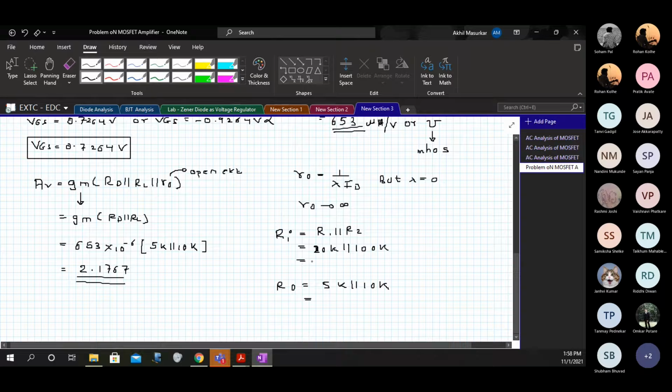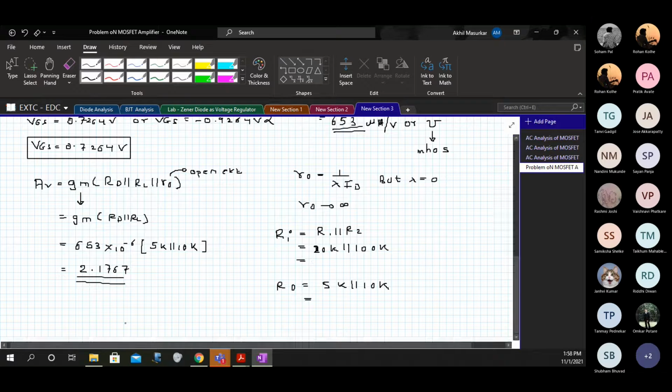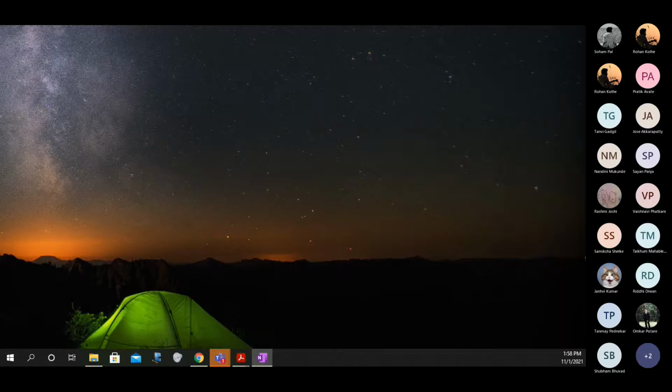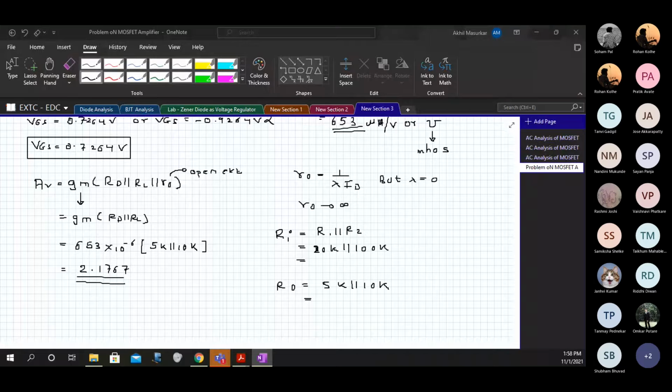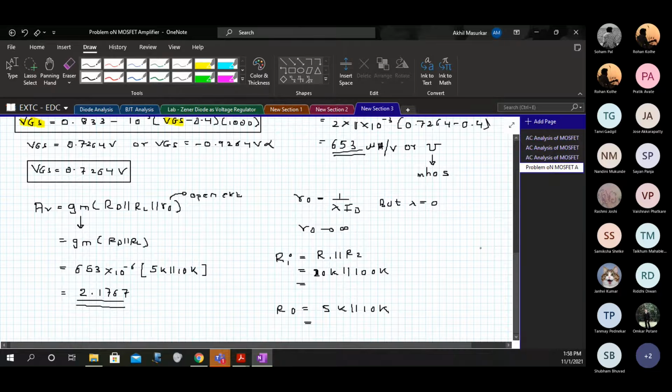Tell me what is the value of Ri and R0. So why did we have to calculate all this quadratic and everything? Because we had to calculate the value of GM and ID.